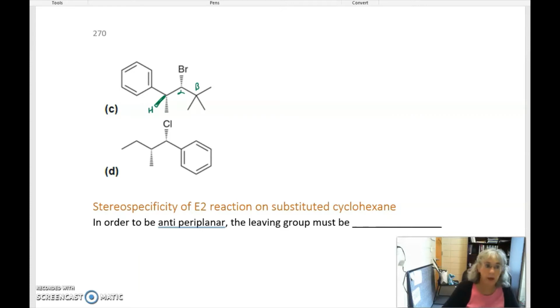We'll only make one compound. The halogen is on a dash, and the hydrogen, or the proton, is on a wedge. So they're already arranged in the antiperiplanar relationship that they need to be in.